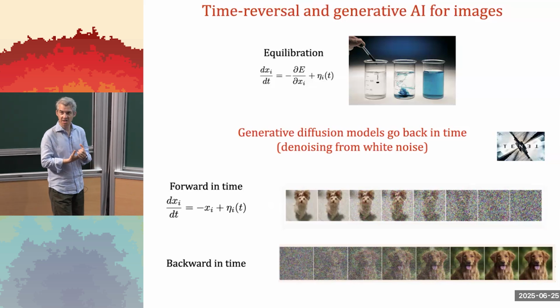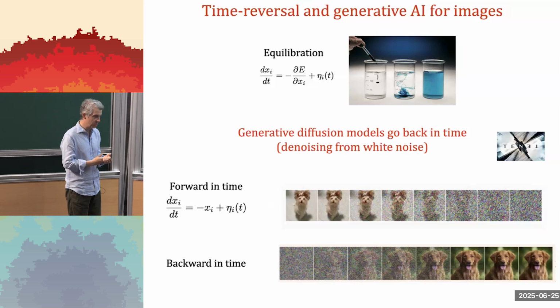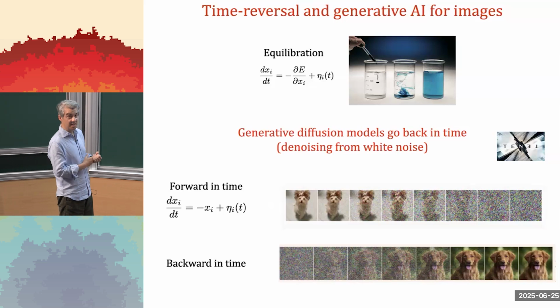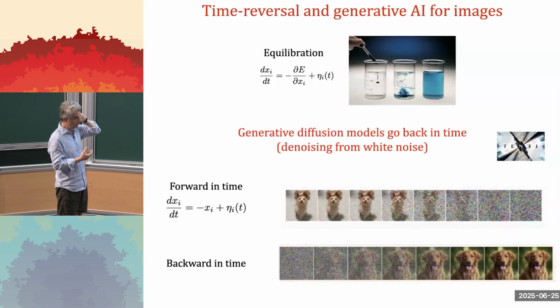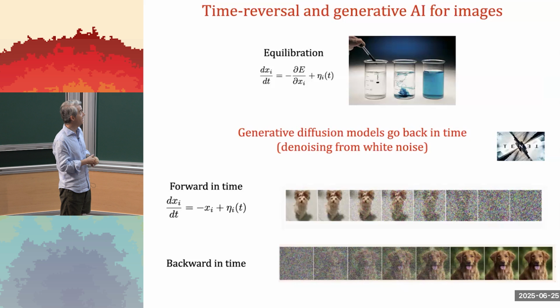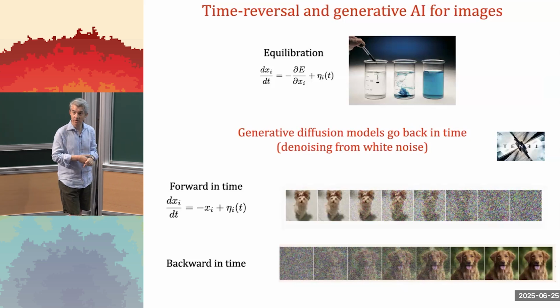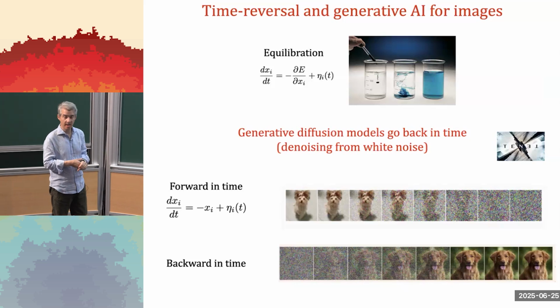So we know in physics everything about equilibration: when you have a system which is coupled to a heat bath, and you write a simple equation for the dynamics of the system, the equation is the Langevin equation that I wrote on top with physics notation, in which dx_i/dt, where x_i would be the position of, let's say, particle i, is equal to minus the gradient of the energy plus a thermal noise.